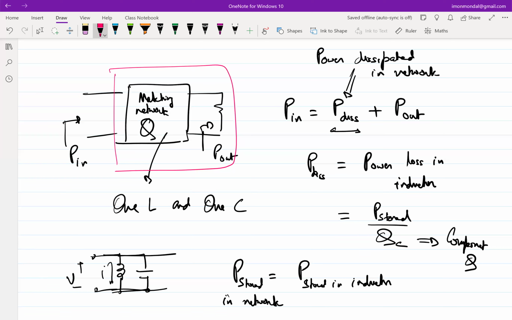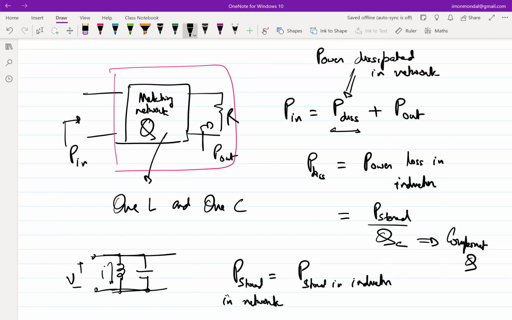You can think of power delivered as a power loss for this big box. Do you agree with that? The whole purpose of doing all these things is to deliver power to R. Whatever power I am delivering from the input side to R, I can change the English language and say that the delivered power is loss.